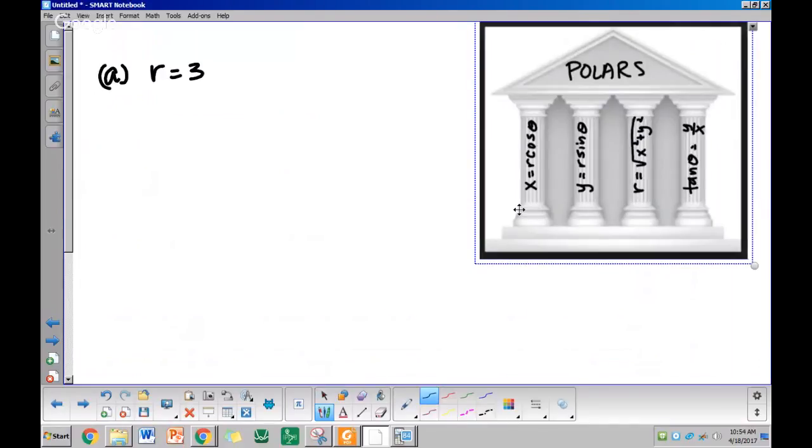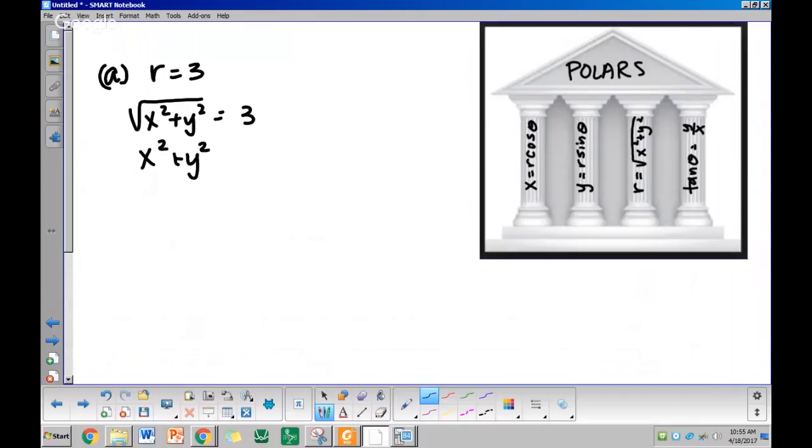What does R equal? X squared plus y squared, and I can square both sides. X squared plus y squared equals 9. Guess what? That's a circle of radius 3. Now, why are we doing polars? Is R equals 3 a nicer equation than x squared plus y squared equals 9? The answer is yeah.